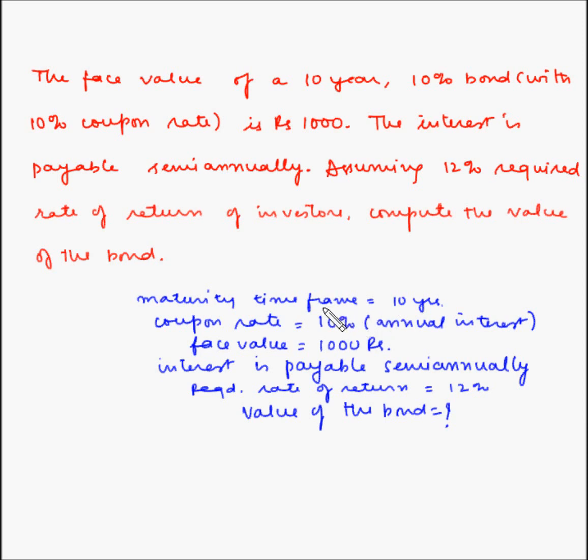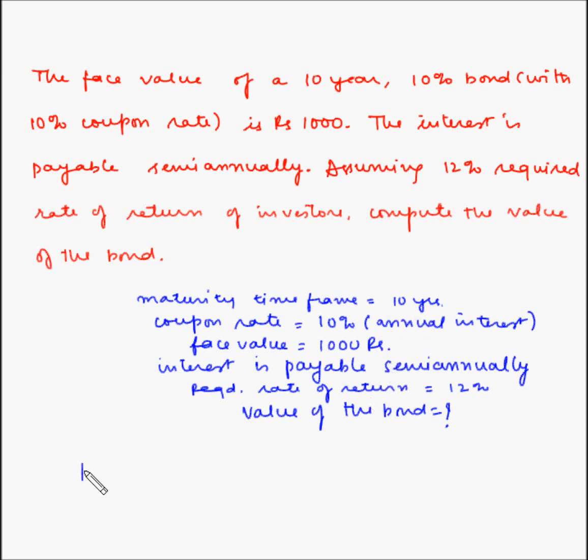Now here the maturity time frame is 10 years and the interest is payable semi-annually. So basically the number of periods in which the interest will be paid will be 10 multiplied by 2, which is 20.